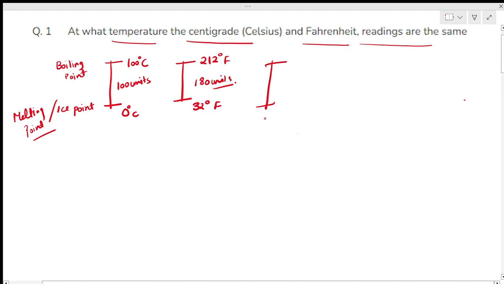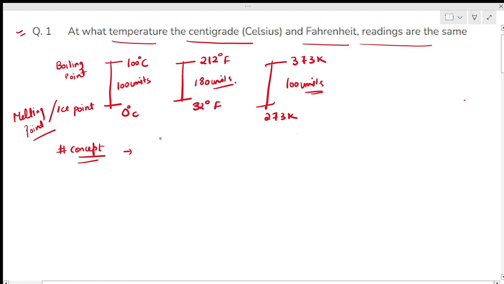And in the Kelvin scale it is 273 Kelvin and 373 Kelvin and the gap is of 100 units. You must remember this. So here is a formula for temperature conversion. I am telling firstly about the concept and the theoretical part. Then we will go further to the numerical. So from this numerical we will be able to see how to solve it and the theory behind it, correct?